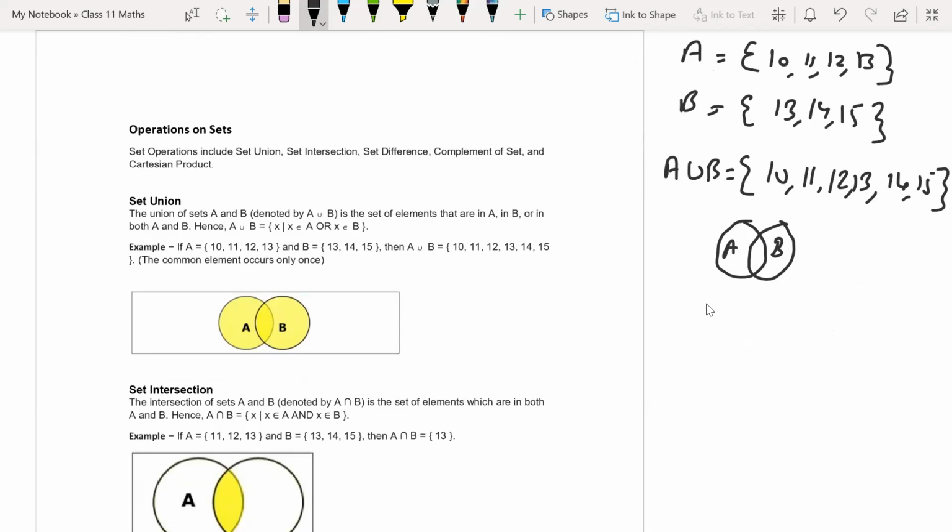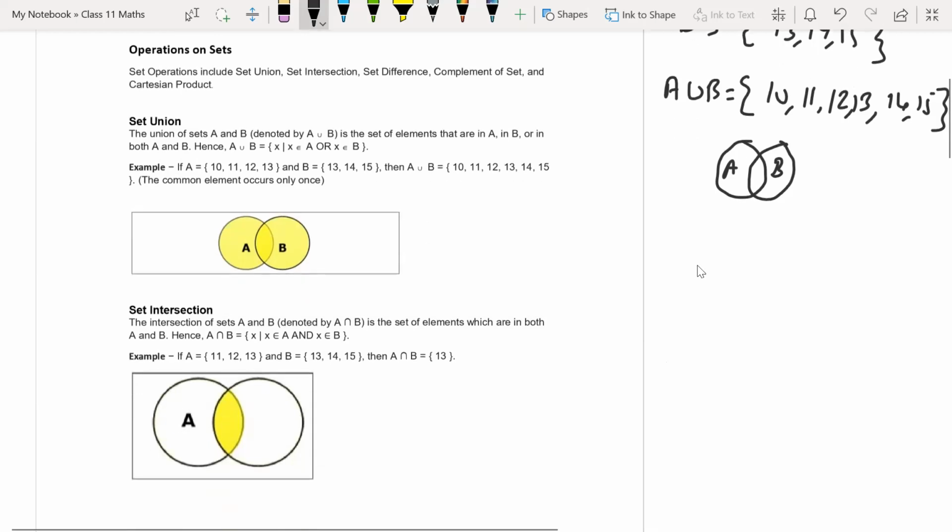Again, I'm repeating: the set union operation states that the resultant elements are from both sets A and B, but a repeating element occurs only once.